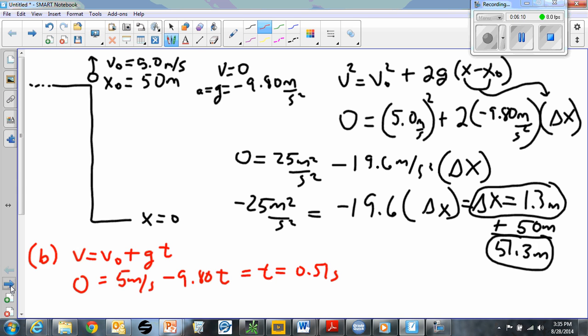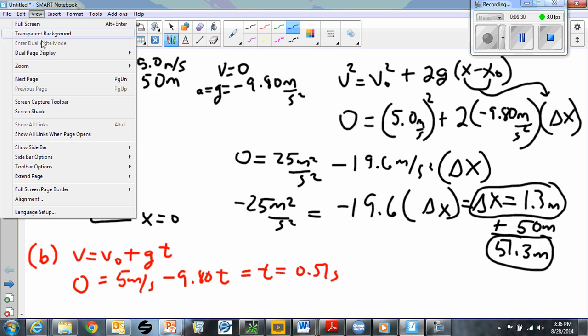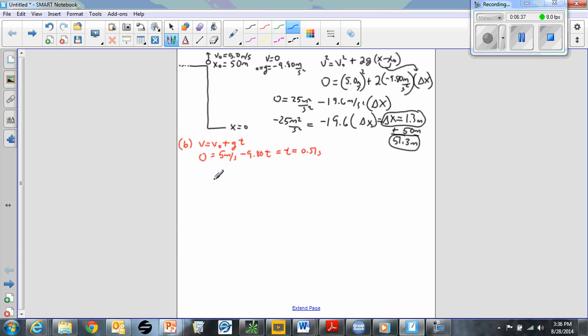C, we want the total time in the air now. I'm going to zoom out just a bit so we have more room. So the second part of this is the total time in the air.